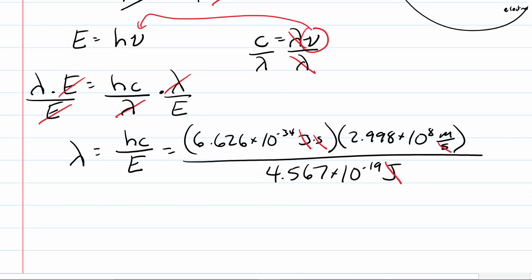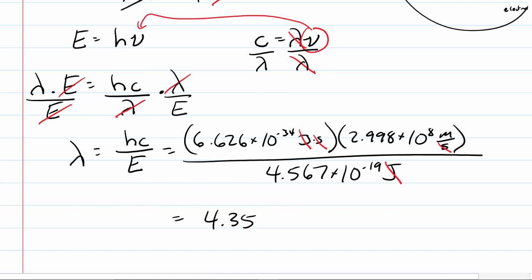So now if we run this through our calculators, we'll take Planck's constant, which is 6.626 E negative 34, multiply it by 2.998 E 8. We'll divide that by our previous answer, which is 4.567 times 10 to the negative 19th. And we get a result of 4.35.